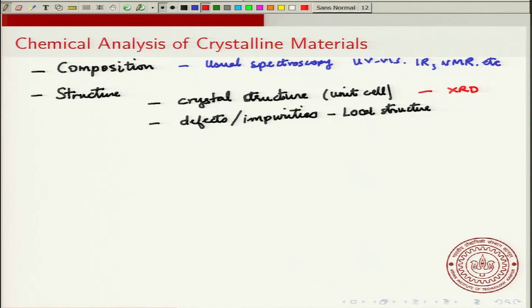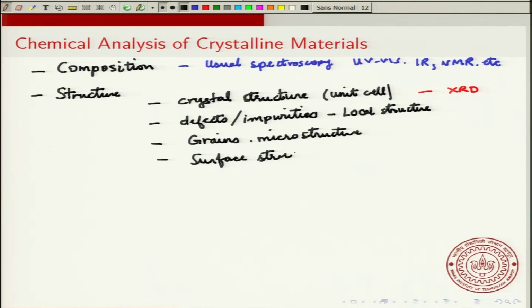Then you could also ask what the structure is on a larger scale. For example, the grains, the sizes of the grains, the microstructure. You could ask about the surface structure. What I want to emphasize is that you need several different methods to determine these.